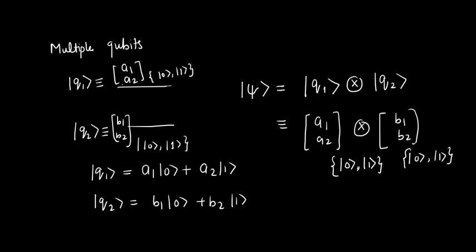So if you apply the tensor product to it, the tensor product provides you a vector in a bigger vector space, rather than the V1 cross V2 vector space.